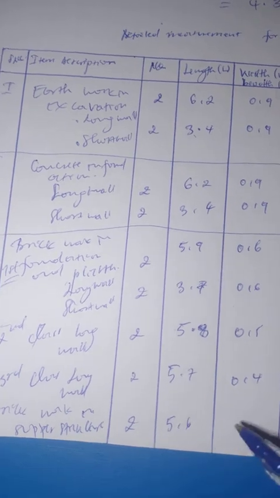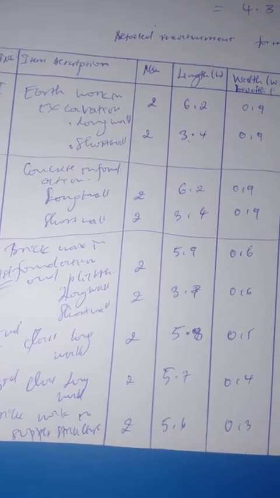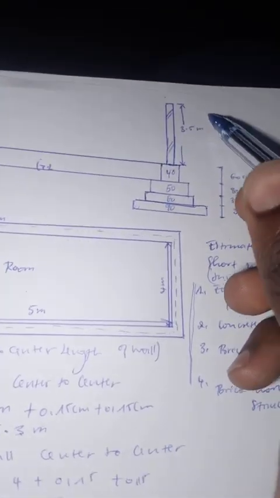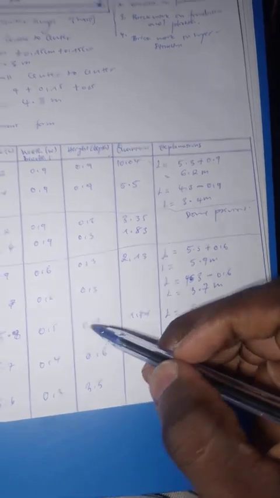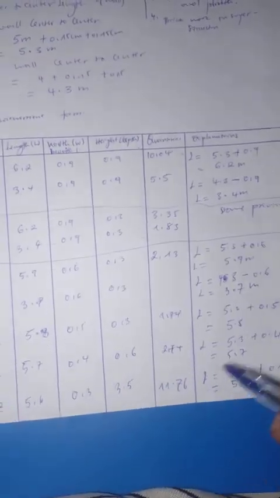Here it is 5.6 multiplied by 0.3 and 3.5 as the height of the wall in the room. Here we get the solution as 11.76. That is the overview of how to use the short wall and the long wall.